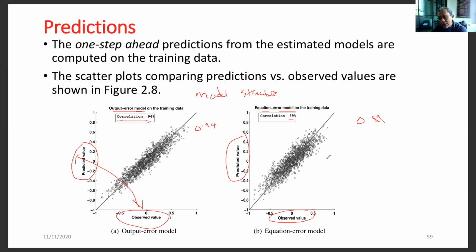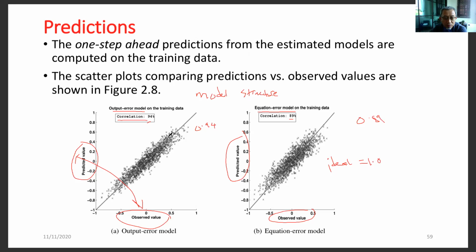Ideal is 1.0. For 1.0, all the data will overlap with the estimated value, the predicted value.